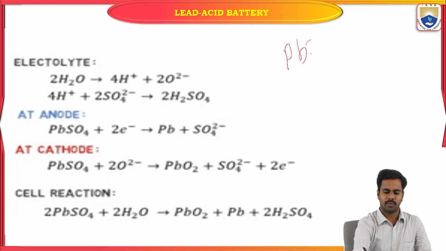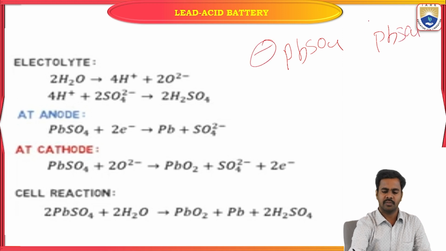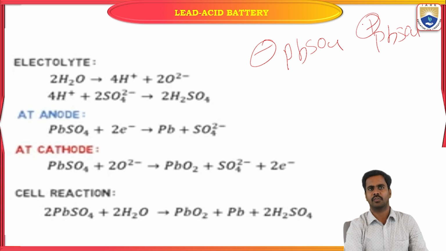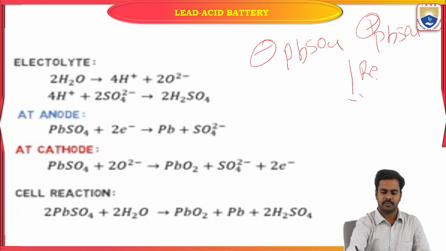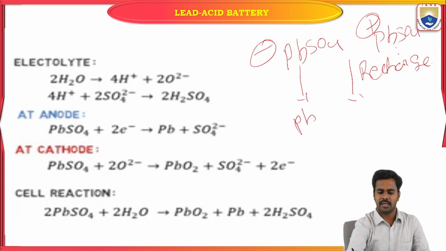PbSO4. After the discharging process, both electrodes are PbSO4. The anode is PbSO4 as well as the cathode is also PbSO4. So during the recharging process, the anode converts into Pb and PbSO4, that is the cathode, converts into PbO2.